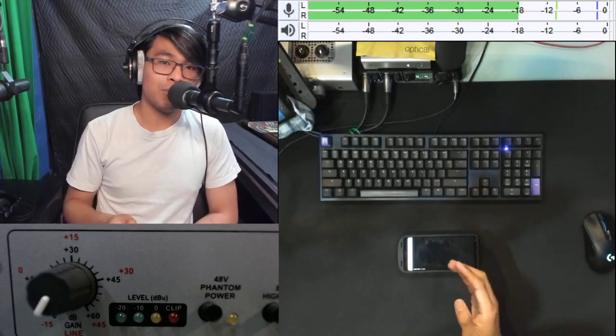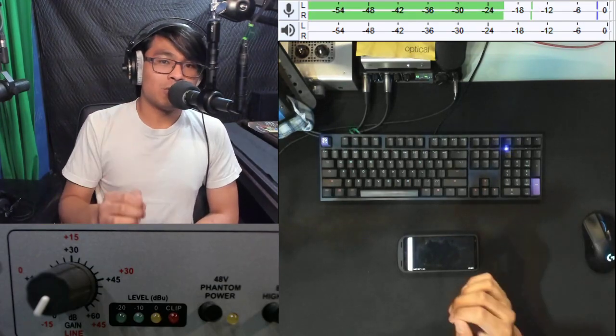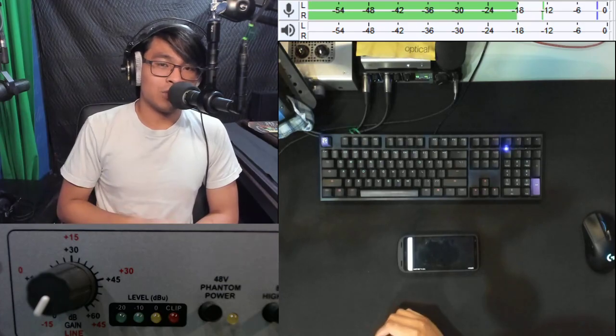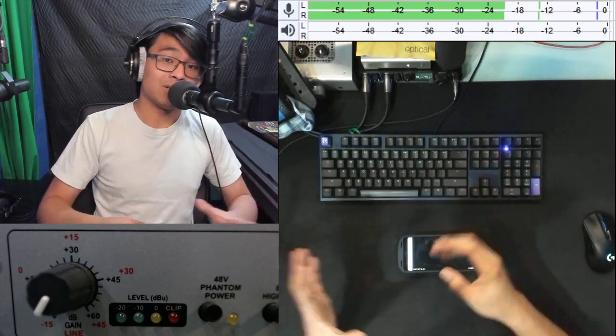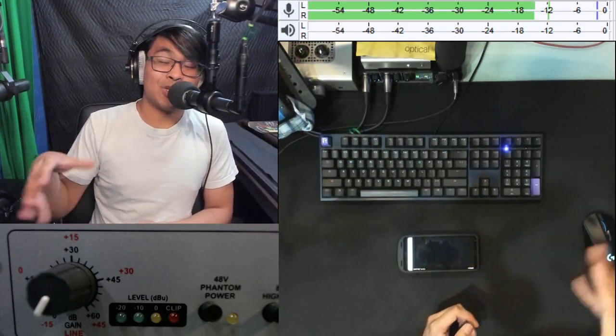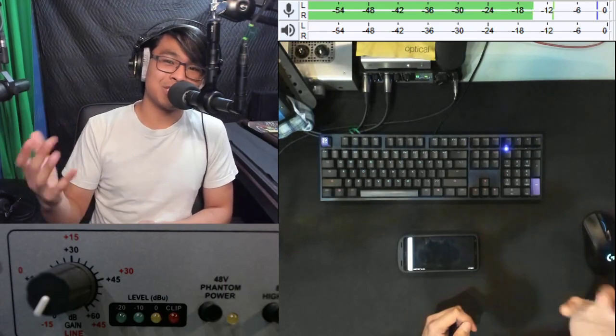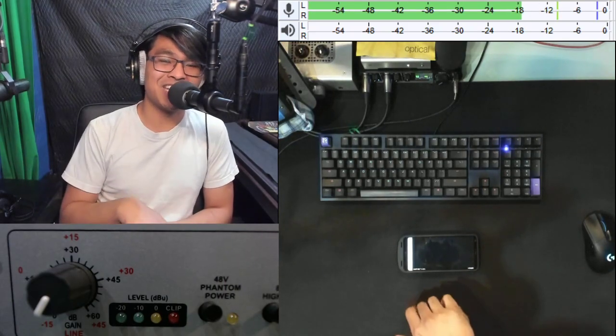So make sure that you remember that. You don't want to be going into the red too much on the VU meter readings on your mixing console, or in your DAW or recording software. You want to be somewhere between -20 and -18.